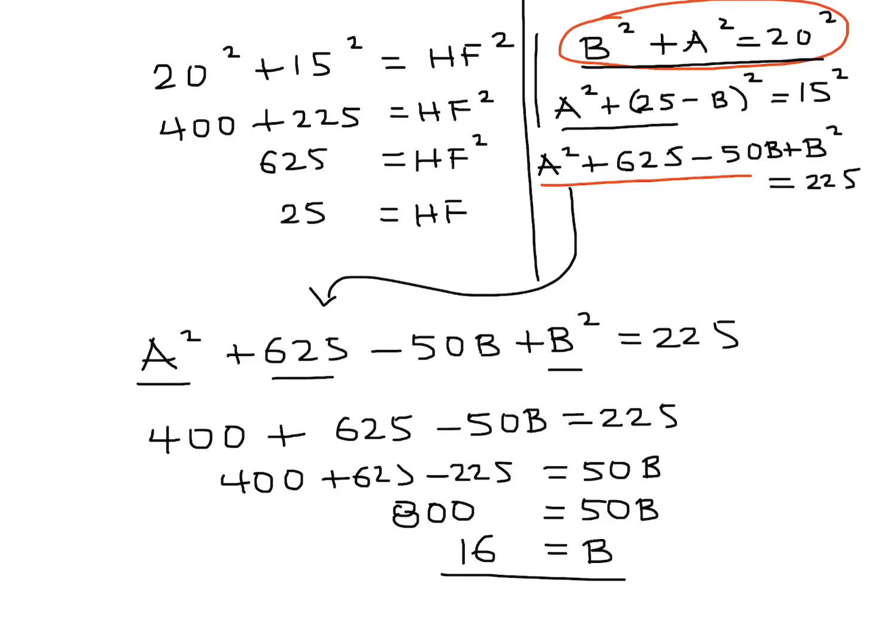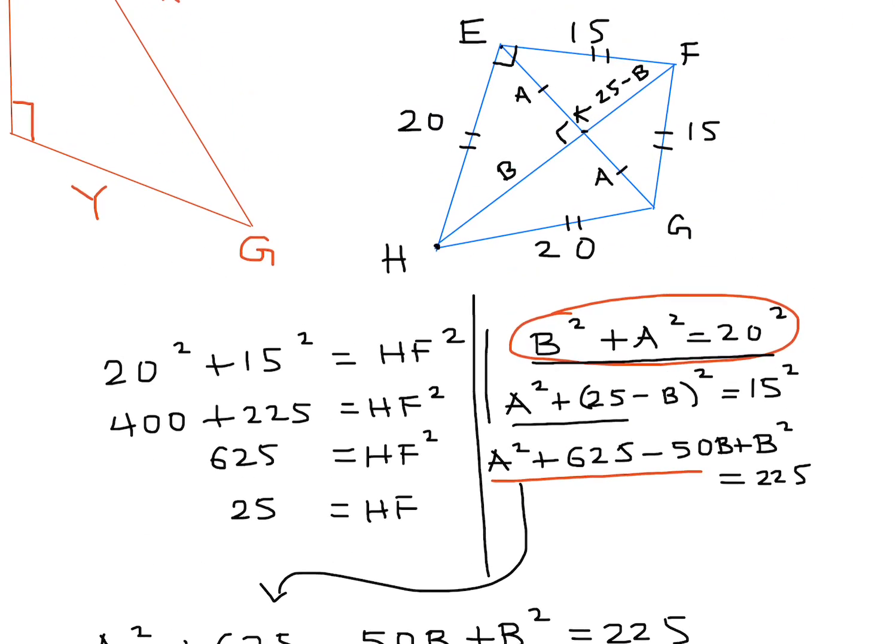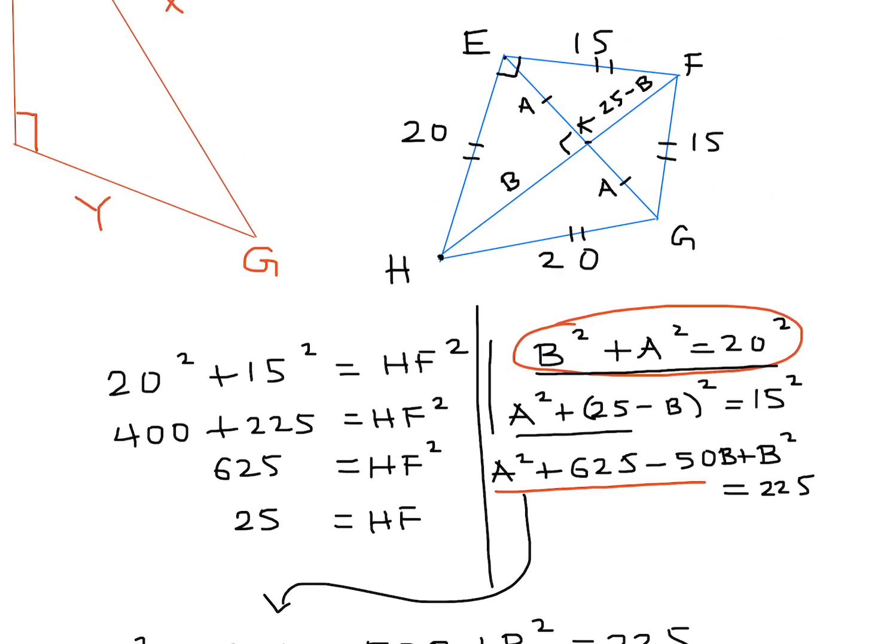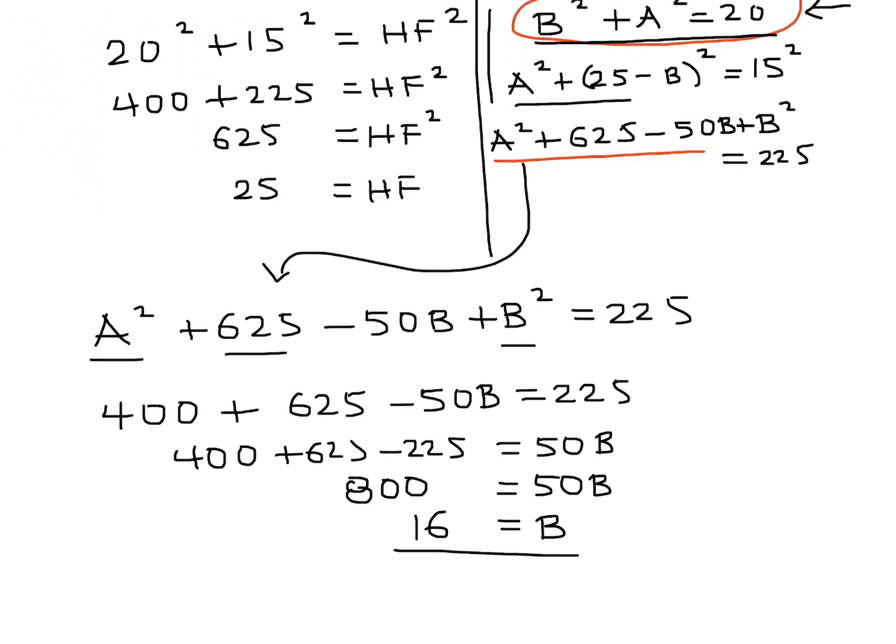Okay? Now, what is B? Well, B is right here. That distance from H to K. So we can use this formula to solve for A. So B squared plus A squared is equal to 20 squared.